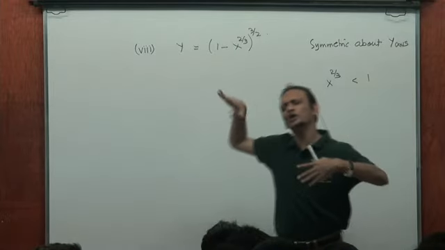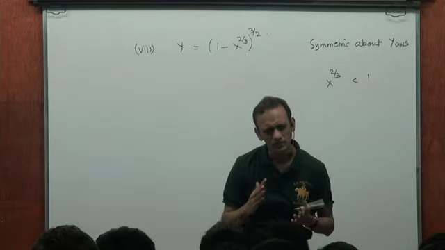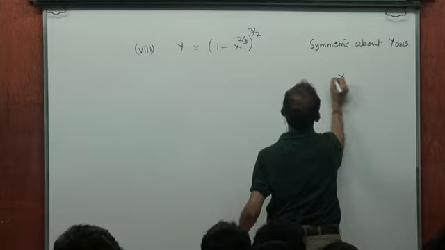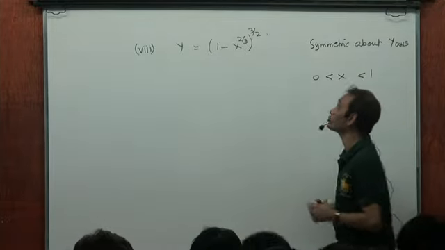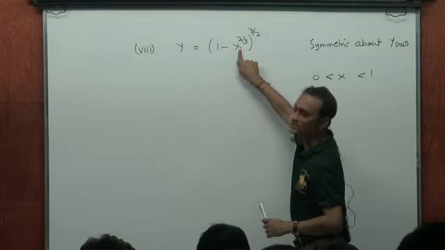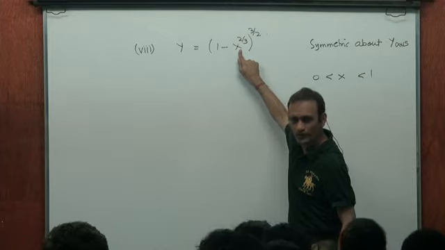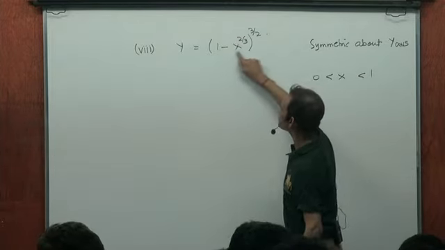Right? Let me draw the graph only in the first quadrant, because then I can reflect it about the y-axis. So for x greater than 0, it also has to be less than 1, because 1 minus this has to be greater than 0.